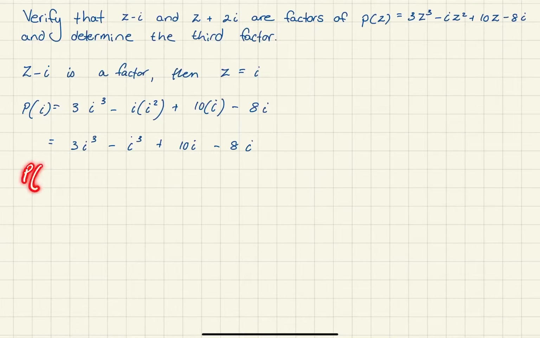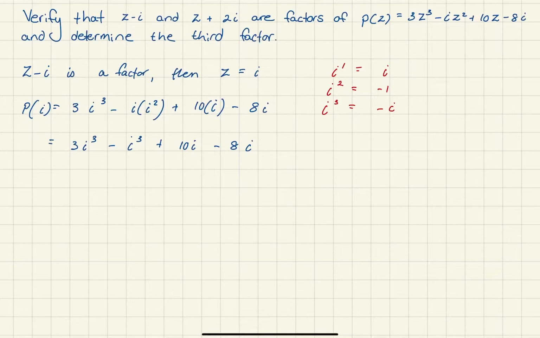If this is a factor, then p of i should equal 0, right? But there is a bit of manipulation that we can do here, and that comes from thinking about that i to the power of 1 equals just i, but i squared equals -1, and i cubed equals -i, and so on and so on. Okay, so we can use this to our advantage.